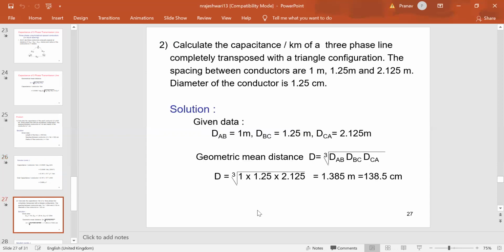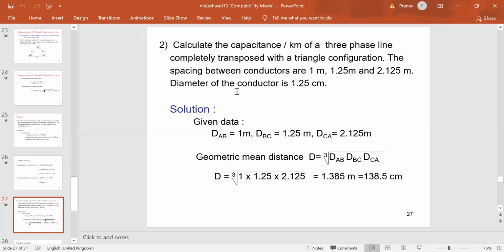Coming to the next problem, calculate the capacitance per kilometer of a three-phase line completely transposed with a triangle configuration. The spacings between the conductors are 1 meter, 1.25 meters and 2.125 meters.